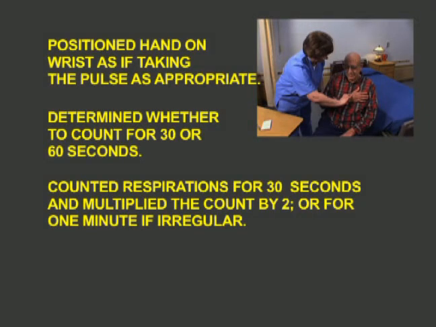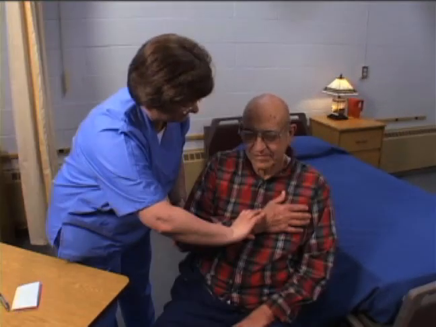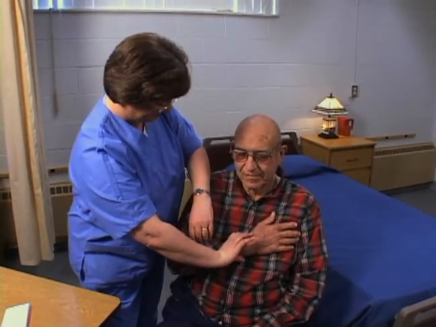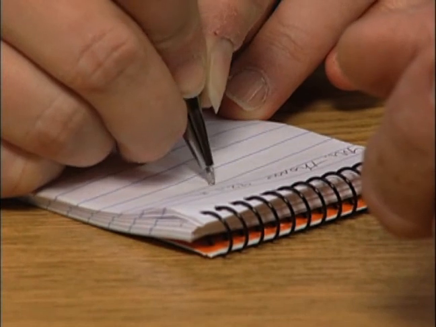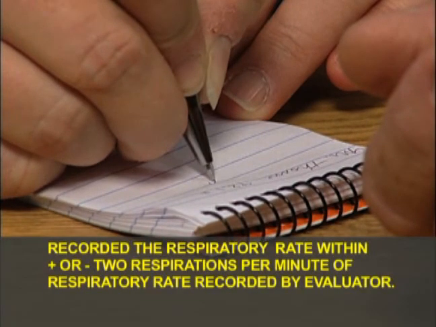Student must tell when to start and end count. Recorded the respiratory rate within plus or minus 2 respirations per minute of respiratory rate recorded by evaluator.